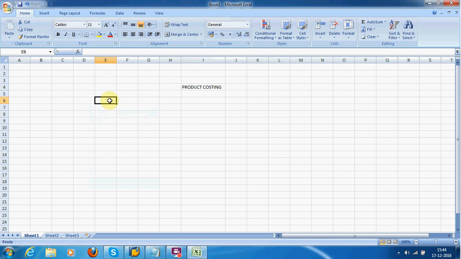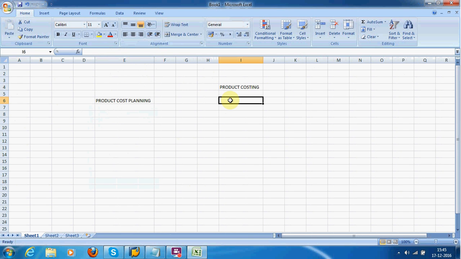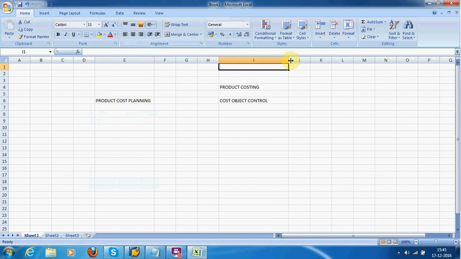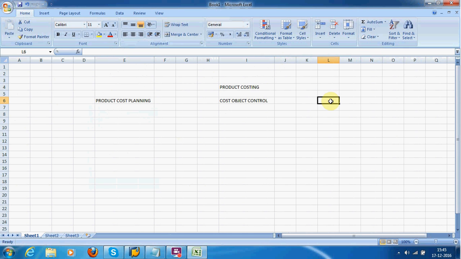We have product cost planning, next cost object control, and the last one is actual costing.